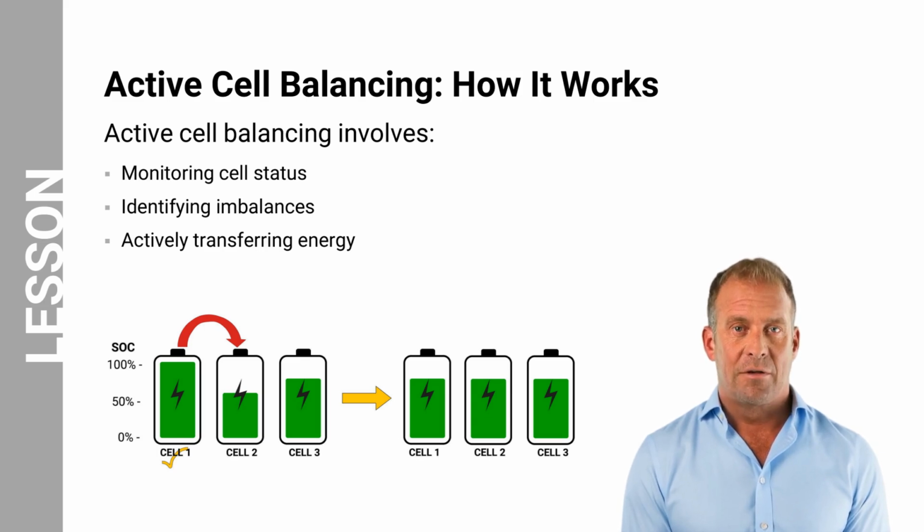Actively transferring energy. The BMS actively transfers energy from the overcharged cells to the undercharged cells using various techniques such as inductors, capacitors, or direct energy transfer circuits. By actively redistributing energy, the BMS can effectively equalize the SOC among all cells in the battery pack, improving the overall efficiency and performance of the battery.